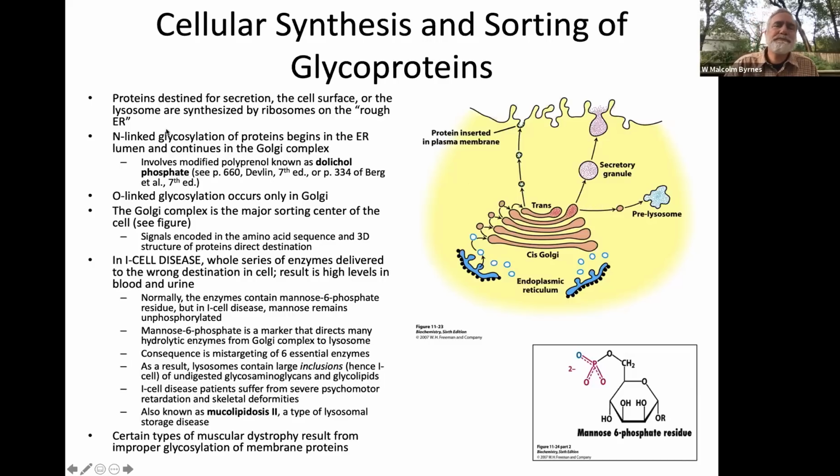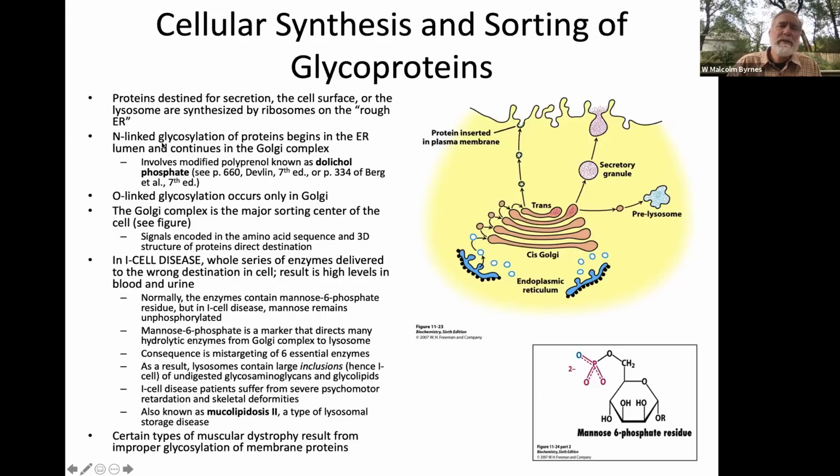So proteins that are destined for secretion, the cell surface, or the lysosome are synthesized by ribosomes on the rough ER. You see these ribosomes attached to the outside cytosolic surface. They synthesize proteins which are extruded into the lumen of the ER, okay?